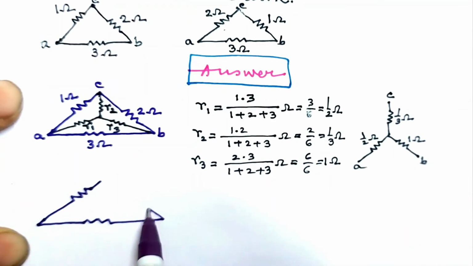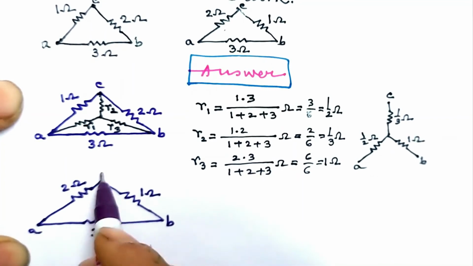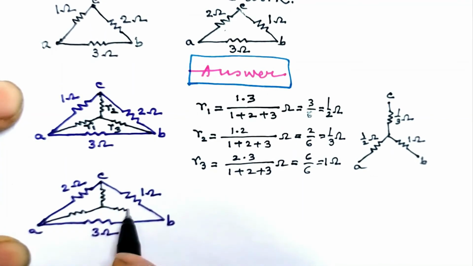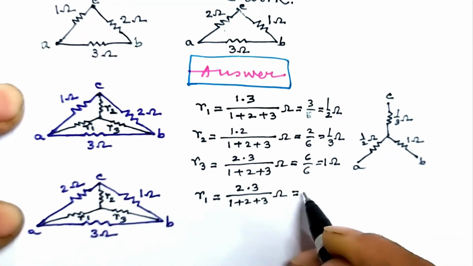Consider the second delta network, build the corresponding star network, and use the formula to get.